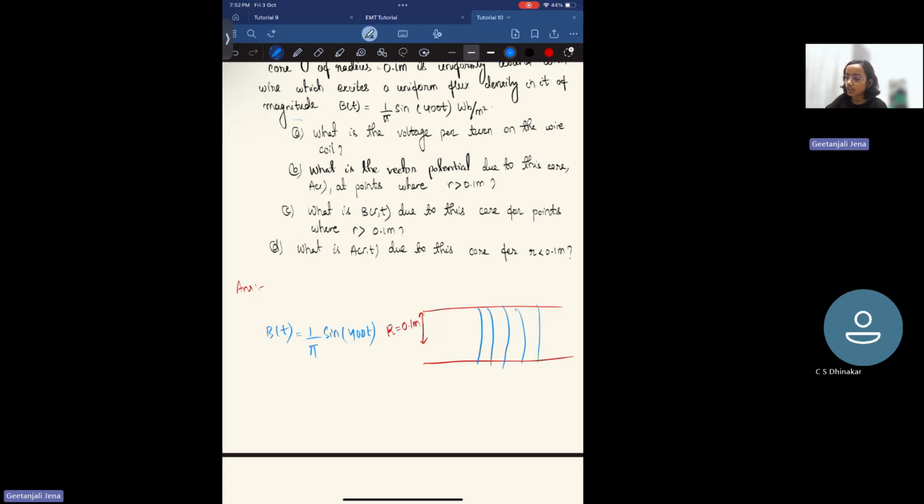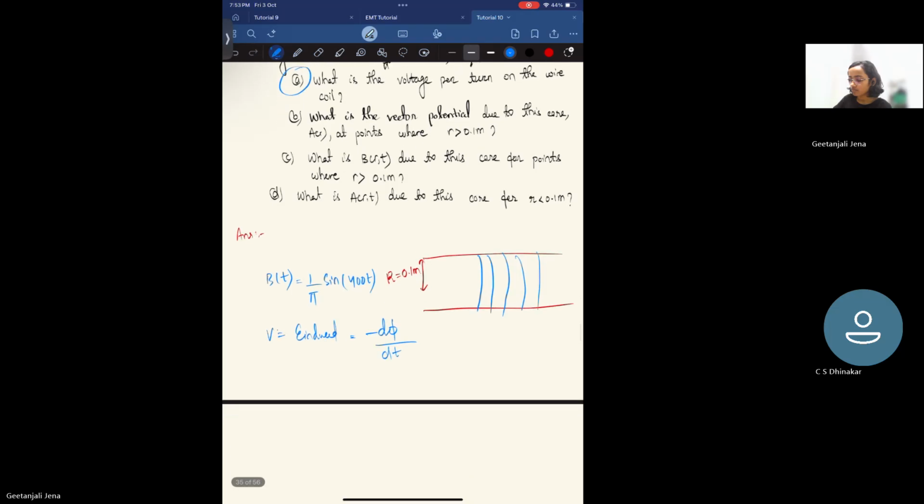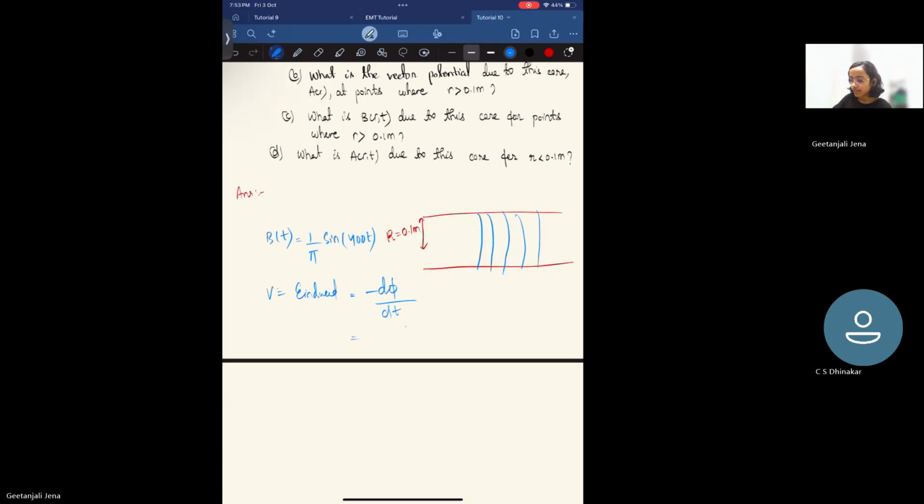The first part is to calculate the voltage per turn on this wire coil. Voltage per turn is nothing but the induced EMF. So V should be equal to the induced EMF, which is d phi by dt. A is constant, it is pi r square. So we can take out pi r square and d by dt of B. B is sine; I have taken out the 1 by pi.